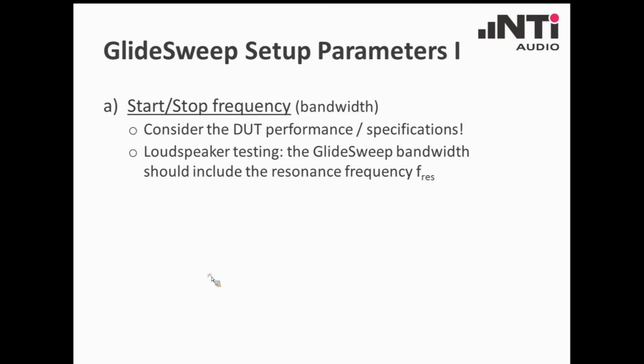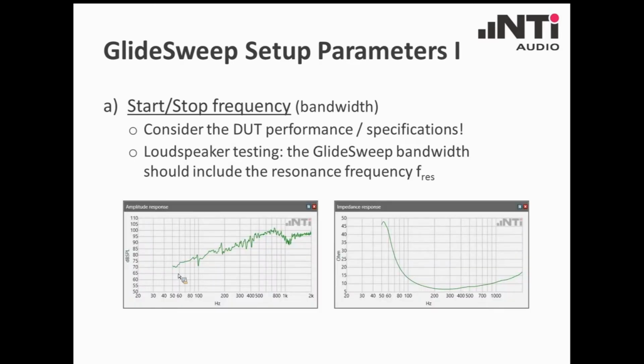And I want to show you that in an example. Here we see the frequency response of a woofer, we start at 50 Hertz and we go up to 2 kilohertz. But if we look at the impedance response, we see that this bandwidth here hardly covers the resonance frequency of the woofer.